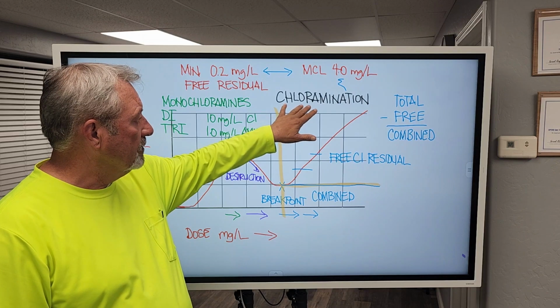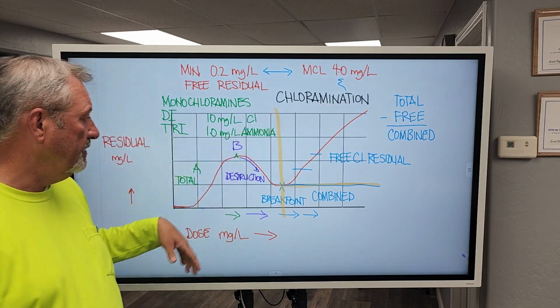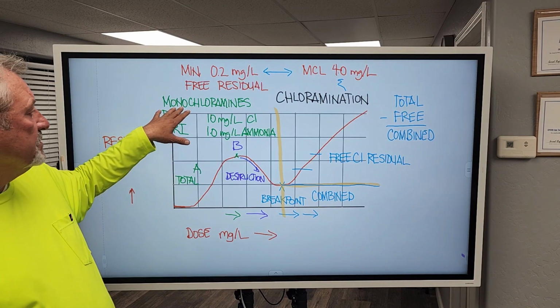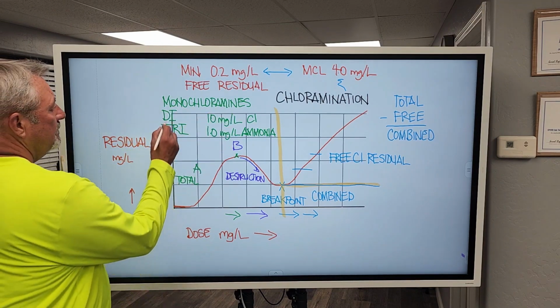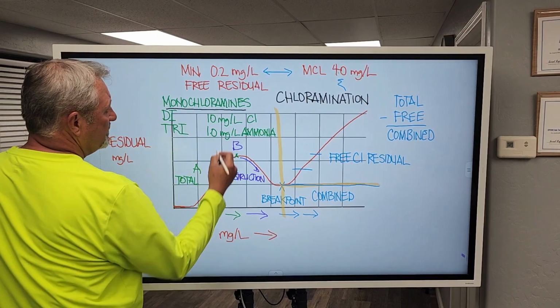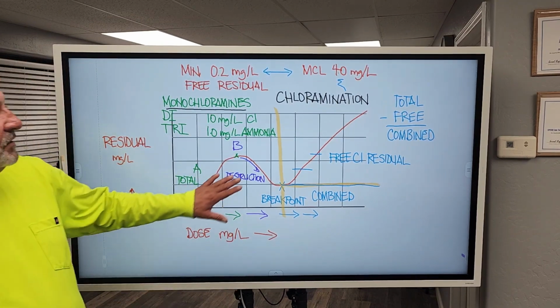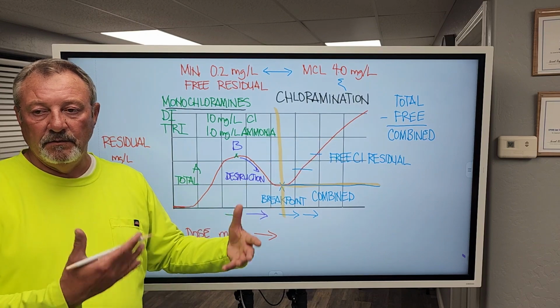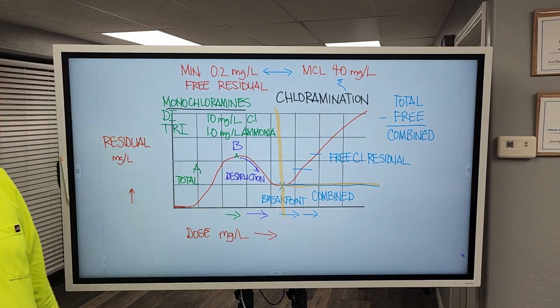What we're doing in chloramination is we are using these chloramines, especially monochloramines. This is ideal because these are the most long-lived. We're using these chloramines and we're going to send them out to the distribution system, and that's going to be the way that we keep our water safe out in the distribution system.